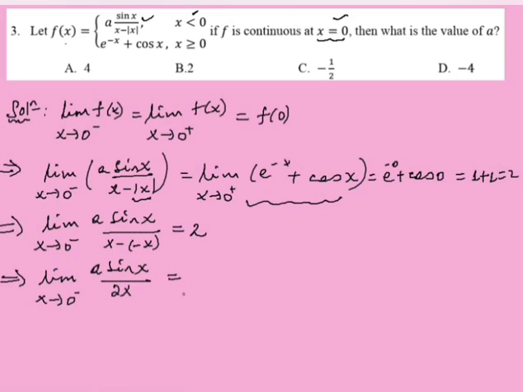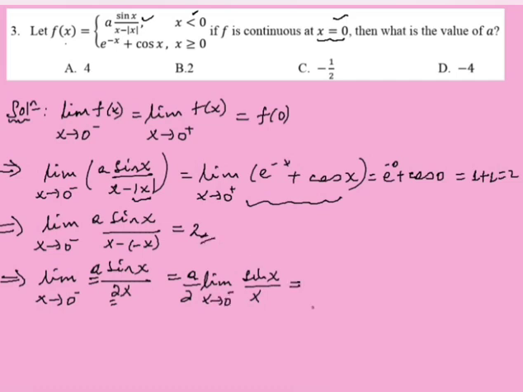Again, this can also be written as a times the limit of, I mean we can take out a and 2, therefore it becomes a over 2 times the limit of sine x over x as x approaches 0 from the left.